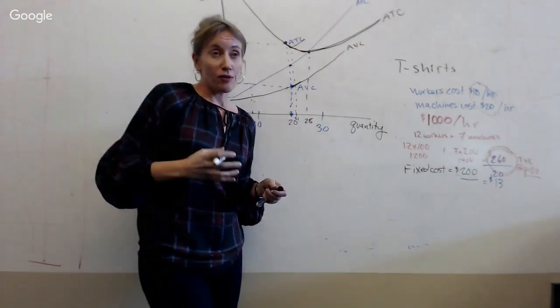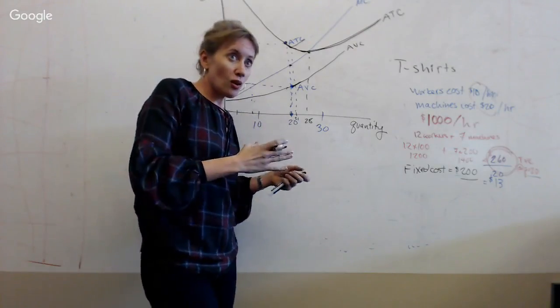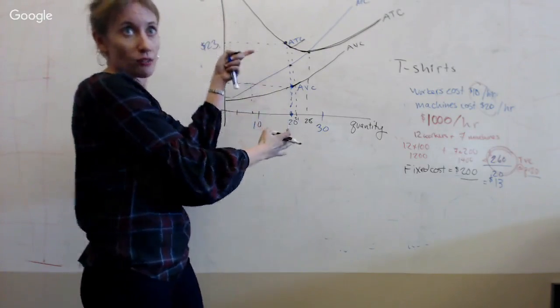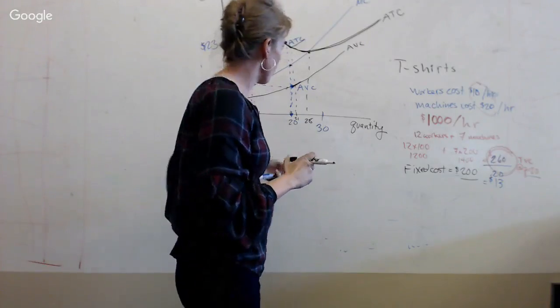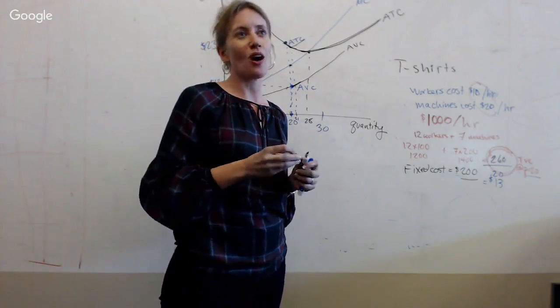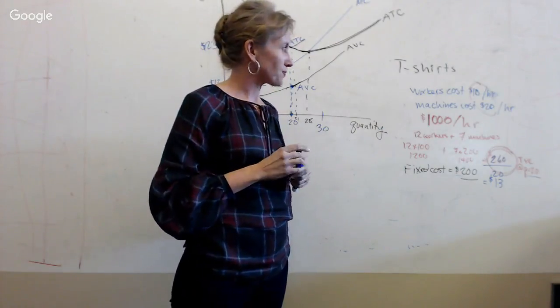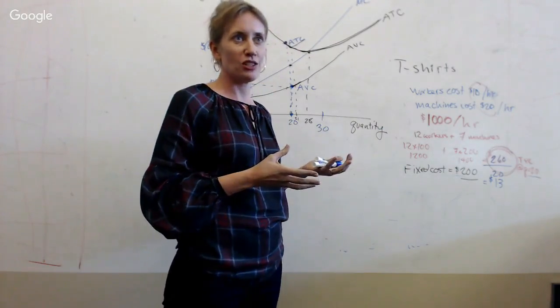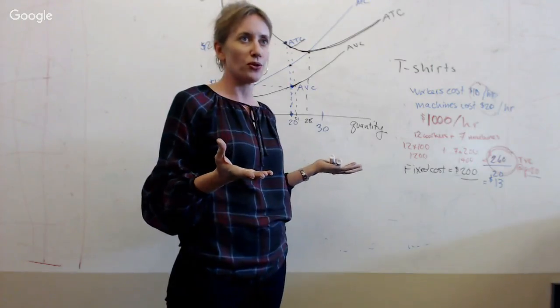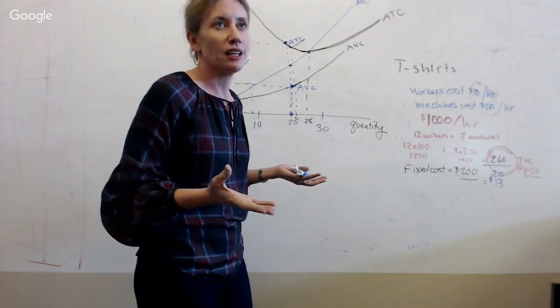So far, we've gone from isoquants and isocost curves to average total cost curves and marginal cost curves, but we still don't know how many t-shirts our firm is going to produce. So if we don't know how many t-shirts our firm is going to produce, what kind of information do we need?